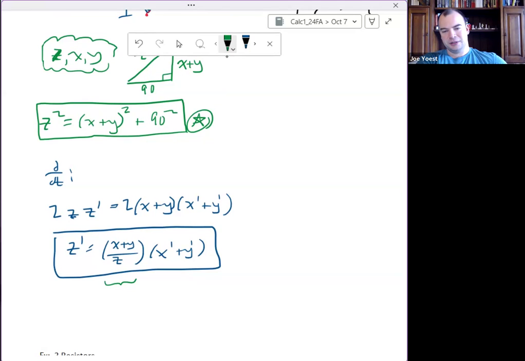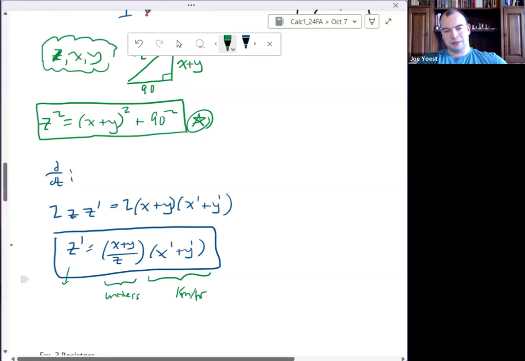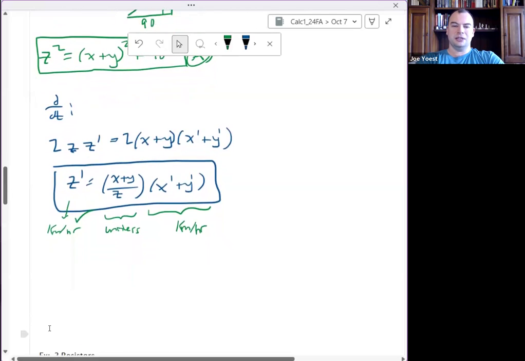Those units divide out. This first factor is unitless. My second factor, I have 2 terms, both of which have units of kilometers per hour, x prime and y prime. So z prime has units of kilometers per hour. So my units make sense. That's a good indication that I've at least gone the right direction.